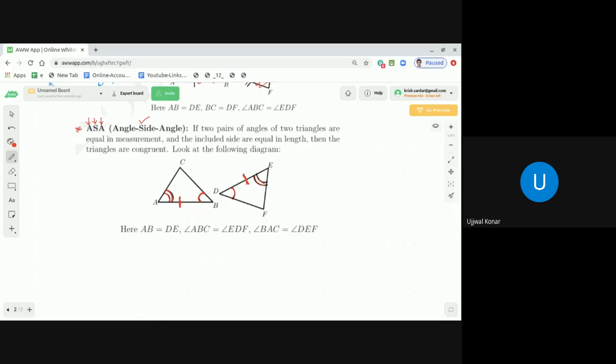So now, one thing: when you find a pair of angles of 2 triangles are equal in measurement and the included side are equal in length, then those 2 triangles are congruent under ASA. That does not mean they are not congruent under SSS. Yes, they are also congruent under SSS.